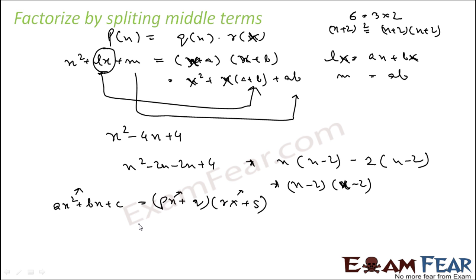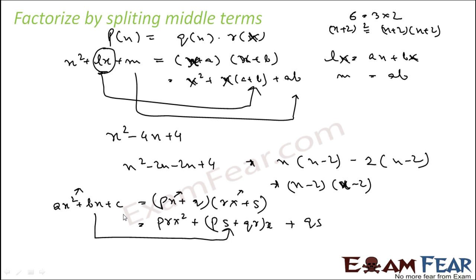So if you actually solve it, you end up getting prx square plus you get ps plus qr x plus you get qs. So we compare this term is this, and c this term, and a is nothing but pr.